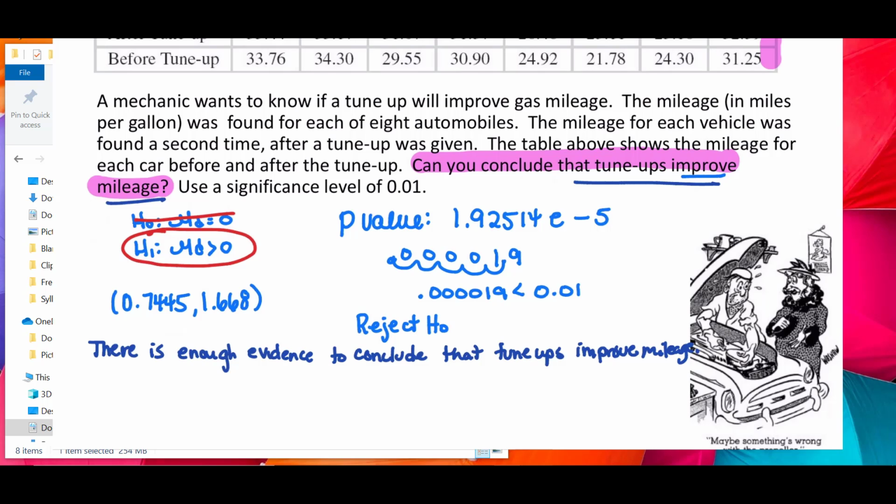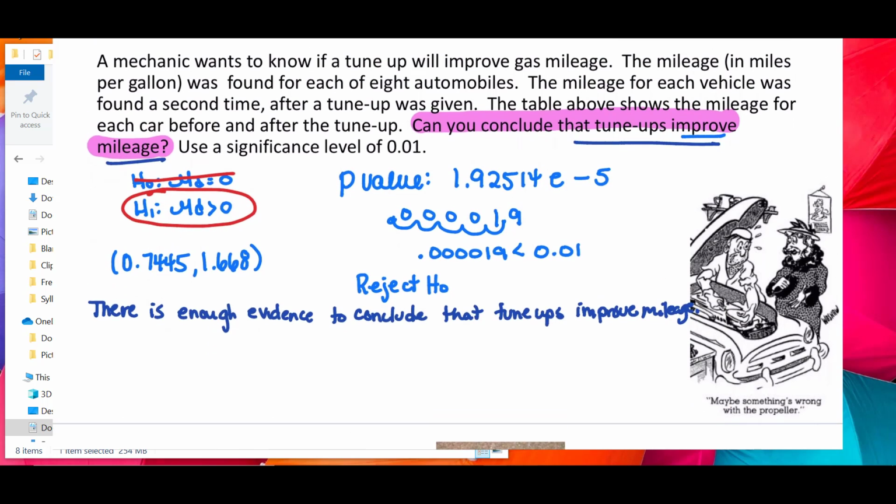Also, let's look at the confidence interval.